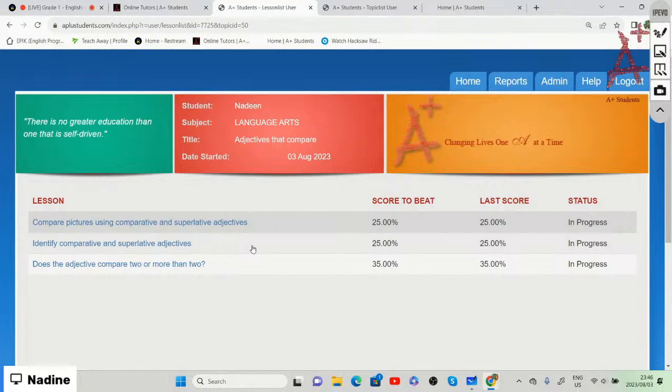And then we have a superlative adjective that compares more than two people, animals, places, or things, and it ends in est. So that is basically the end of our lesson on adjectives that compare.